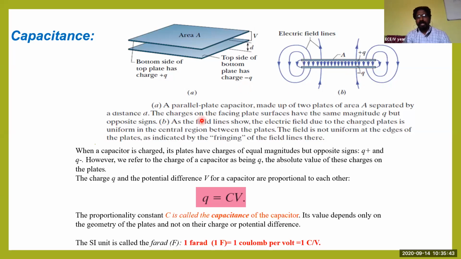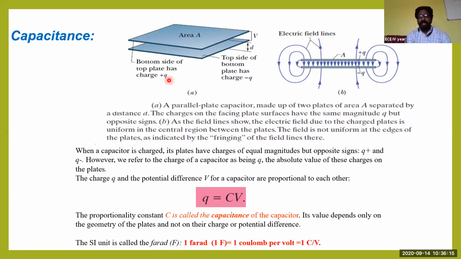So now here we are having two parallel plates of area A separated by a distance D. Now the charge on the facing plate surfaces has the same magnitude Q. It means it will be like plus 4 coulombs and minus 4 coulombs. You'll be having the same magnitude, but opposite in sign.